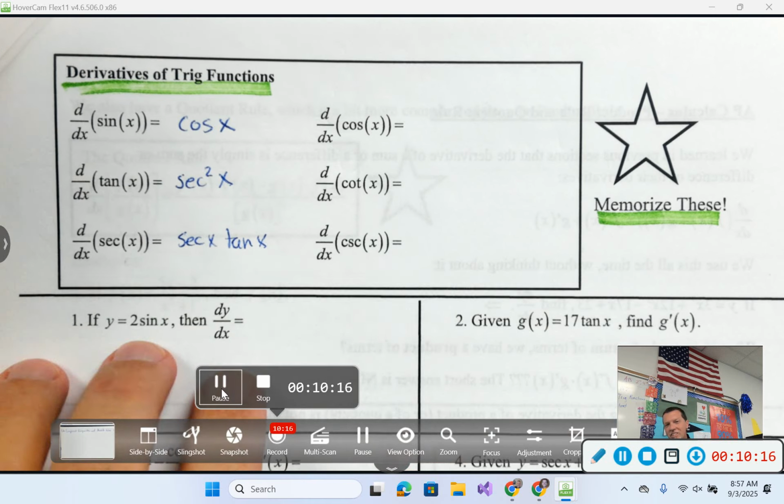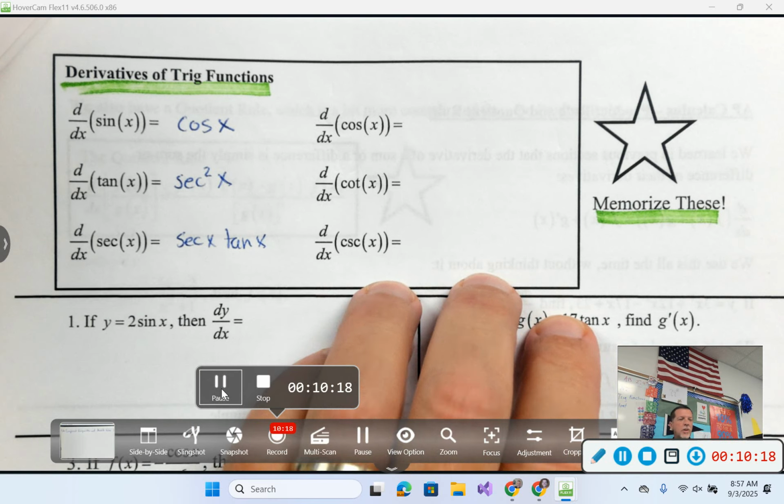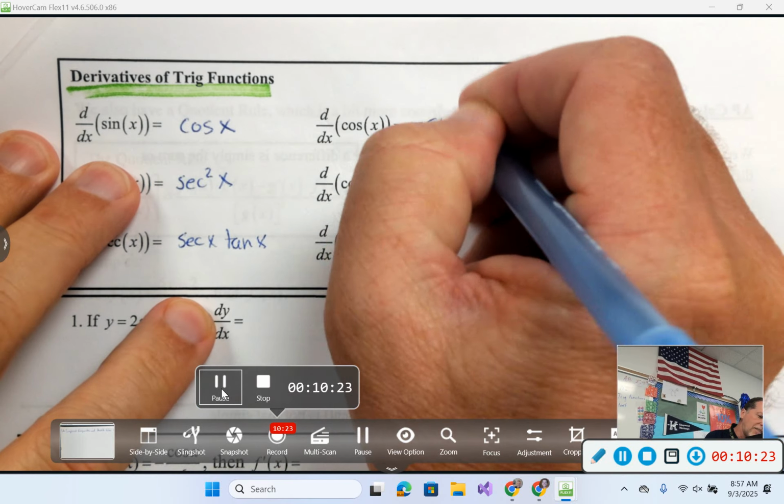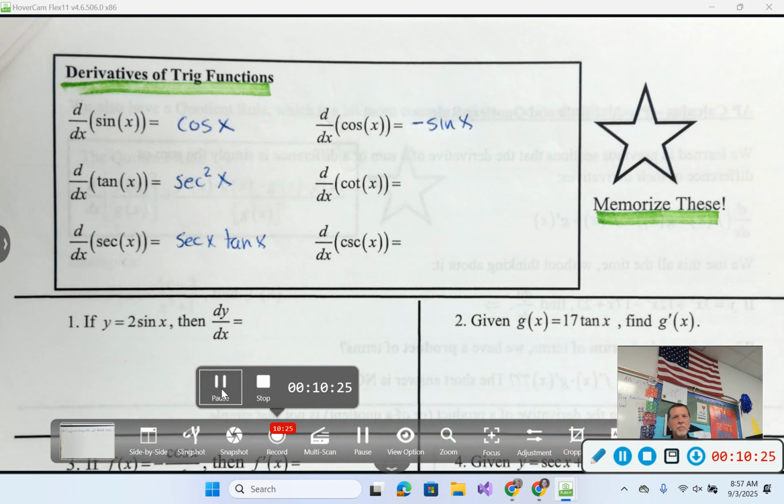If you memorize those, you can figure out the others. Because the derivative of cosine is negative sine of x. So you flip the sign and flip the co or not co.